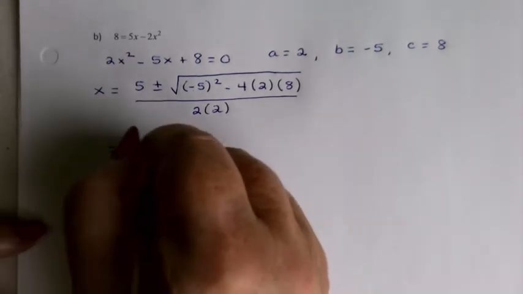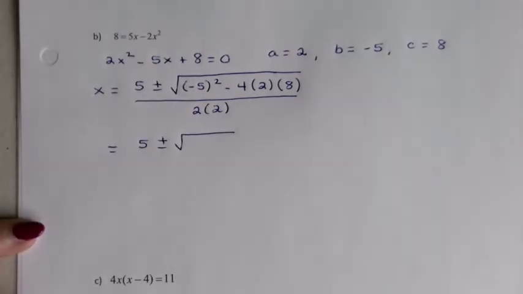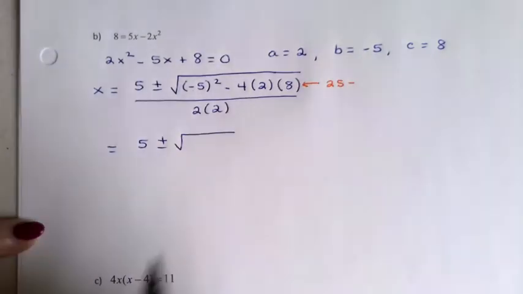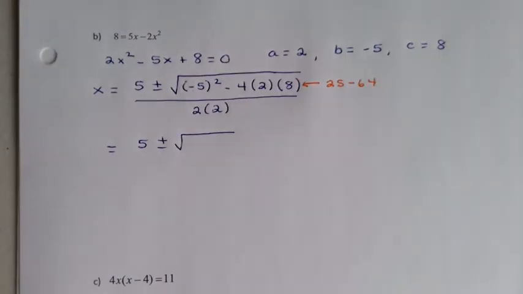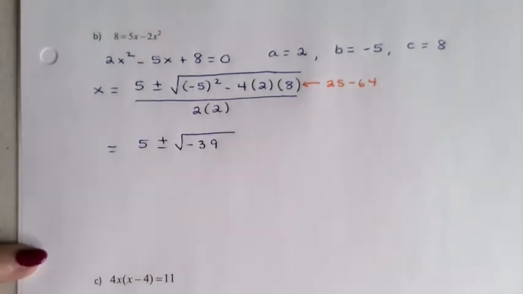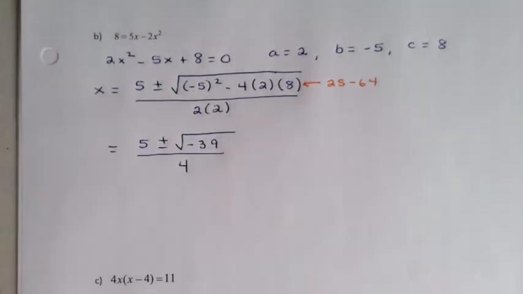All right, so let's see what we got. We got 5 plus or minus the square root of, and under the radical here, I have 25 minus 8 times 8 would be 64. So notice I'm going to get a negative value under the radical this time. -39. All divided by 4. All right, we definitely know what to do with a negative under the radical, right? We're going to pull that out as an i, imaginary unit.